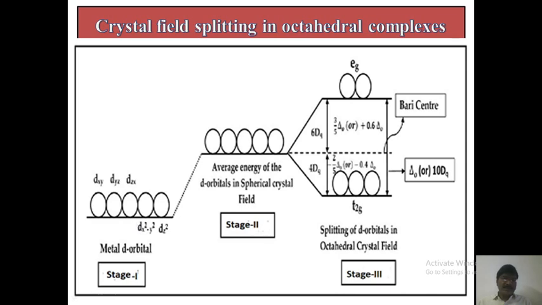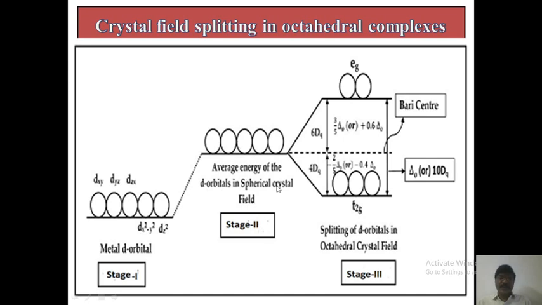When ligands approach this metal atom, that is, lone pairs of electrons approaching this metal ion, immediately the ground state is promoted to the excited state, the hypothetical situation. In this stage 2, we have the average energy of the d orbitals in the spherical crystal field.